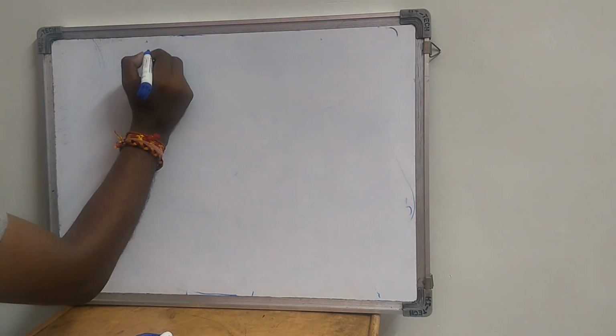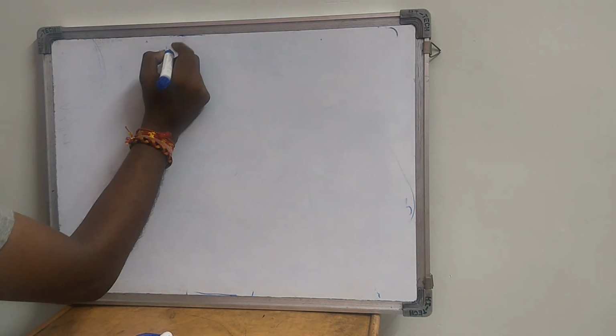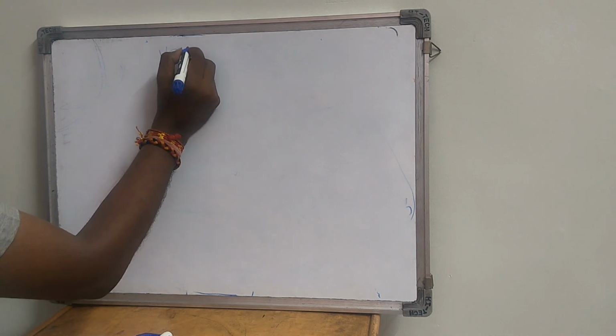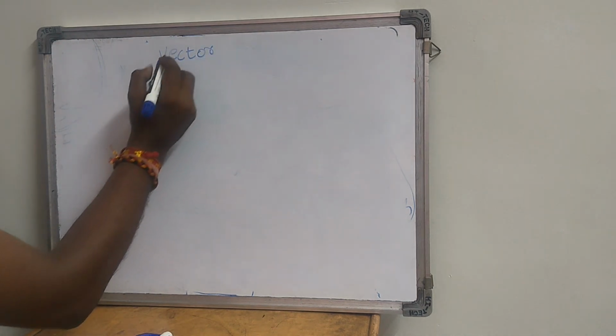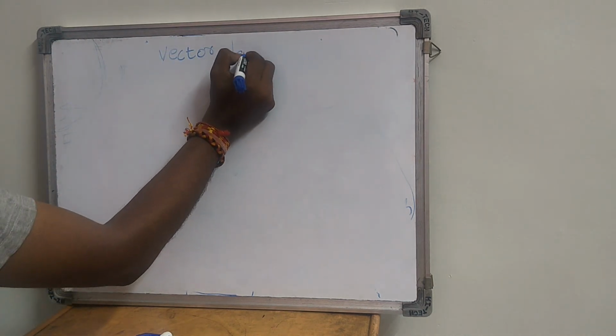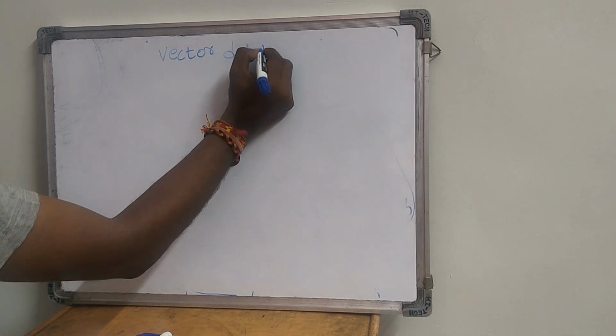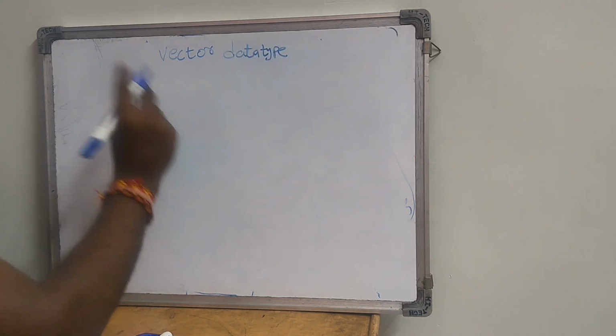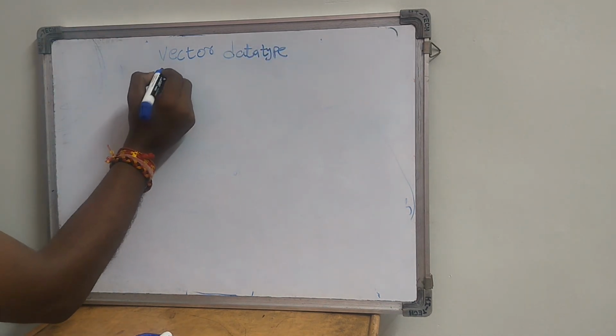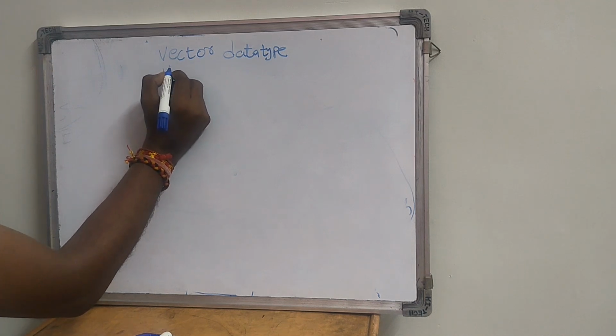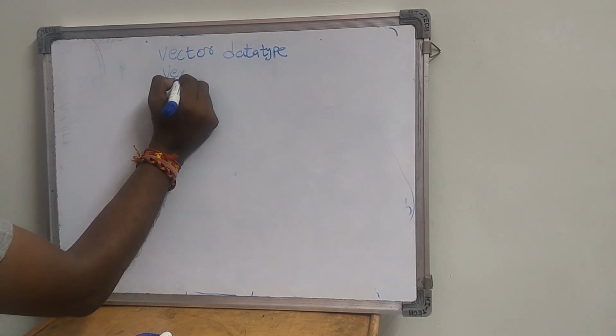It has introduced a different data type, which is the vector data type, and it also introduced vector indexes.